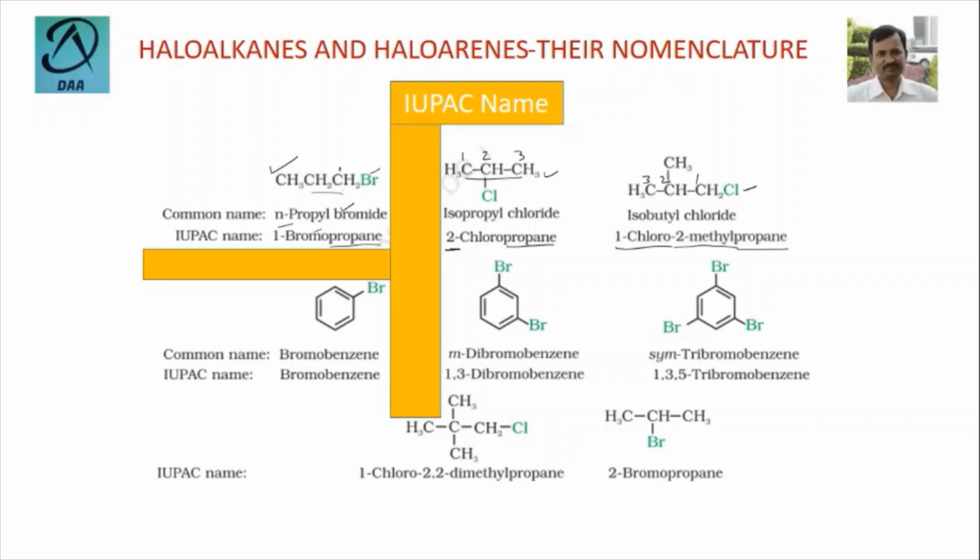So in this way, we are naming as per the IUPAC system. Other examples are for the benzene ring. As I told you, for mono-halo substituted benzene, both common name and IUPAC name are the same. When one bromine atom is attached to the carbon of the benzene ring, for common name it is bromobenzene, and for IUPAC name also bromobenzene.